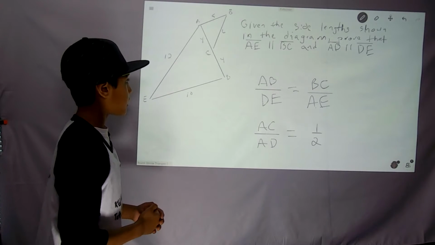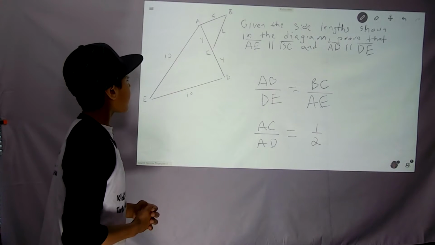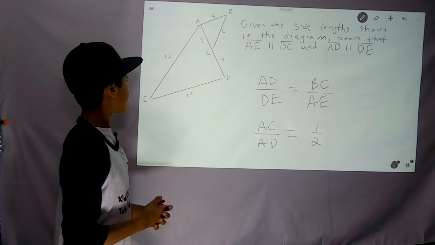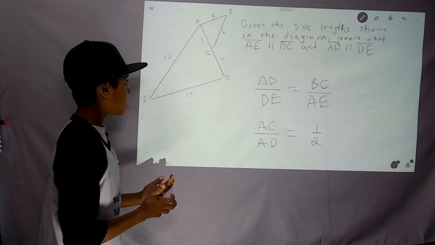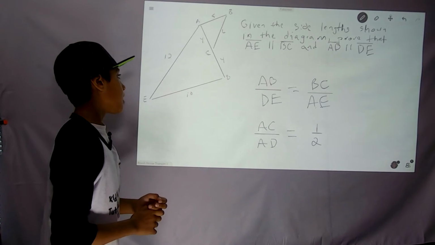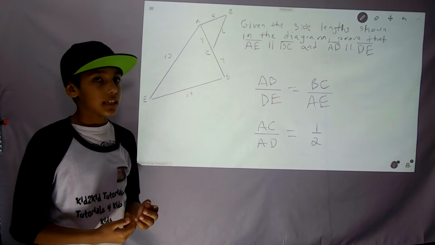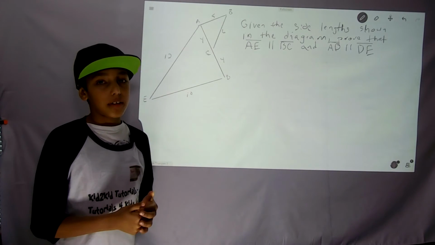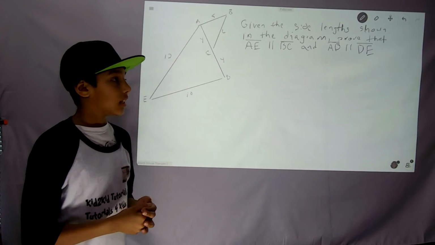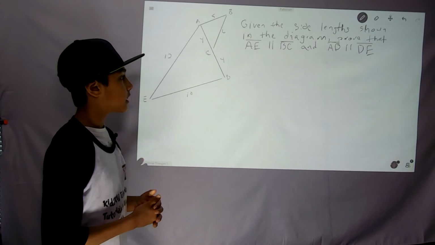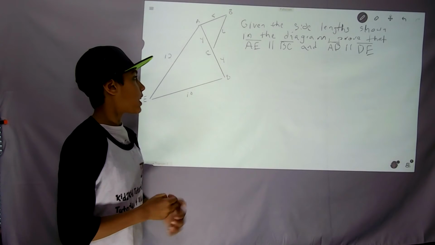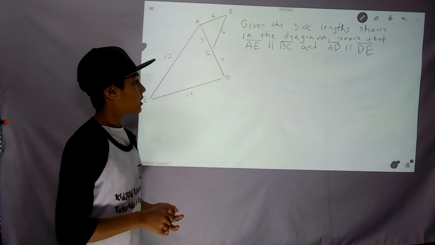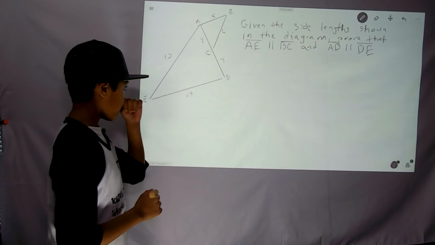That's the common ratio between all of these, and we know that triangle ABC is similar to triangle AED by SSS, or side similarity. Now that we know the corresponding sides and the common ratio, we can use that to prove that line AE is parallel to line BC and line AB is parallel to line DE.